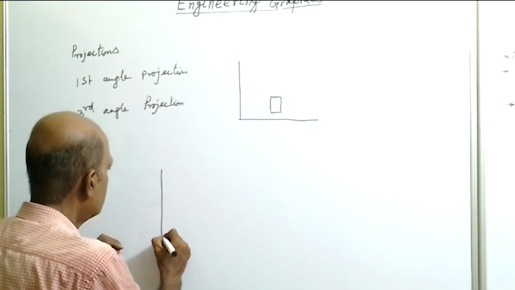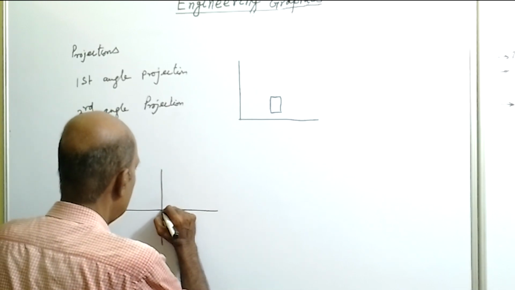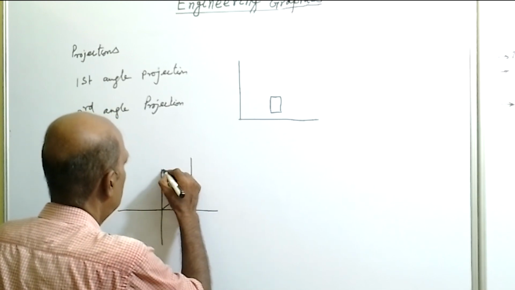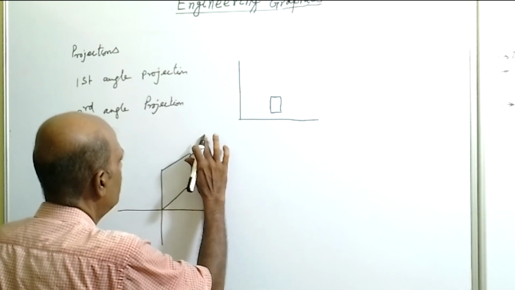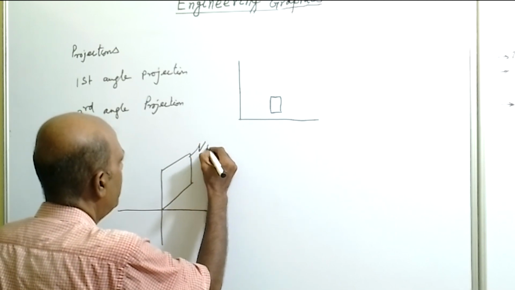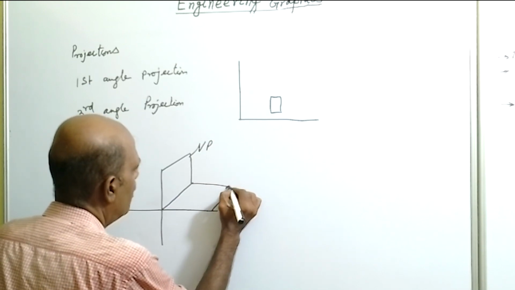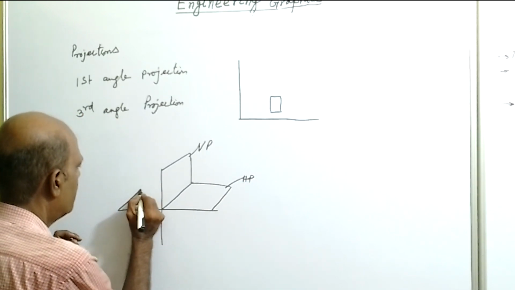So let's clear our concept by considering a three-dimensional view. This plane is called the VP, vertical plane, and this plane is known as the horizontal plane, HP.